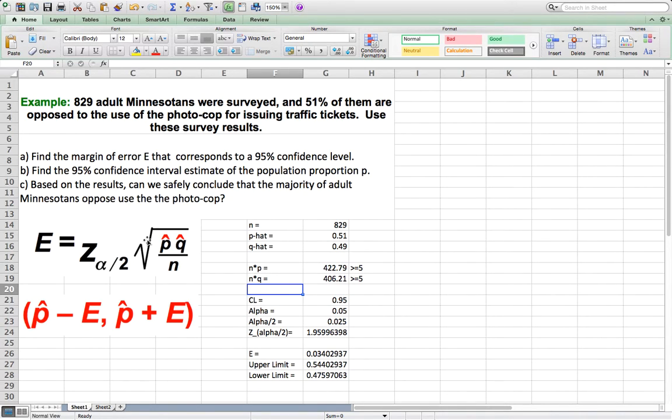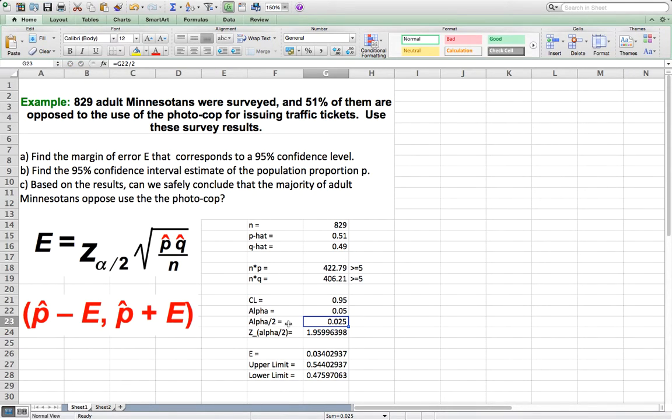In order to do the work, we first need to calculate the critical value, right? So we first list the confidence level, which is 0.95, then alpha equals 1 minus the confidence level. Since your confidence level 0.95 is in G21, alpha equals 1 minus G21.